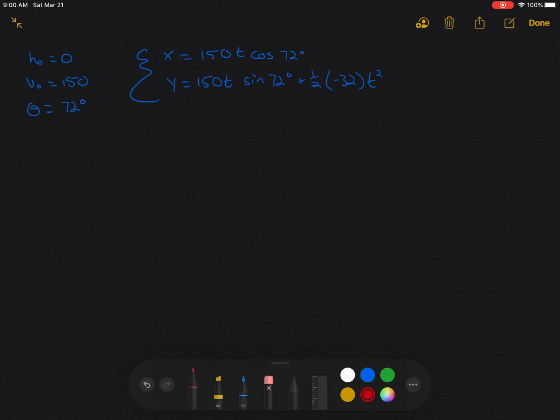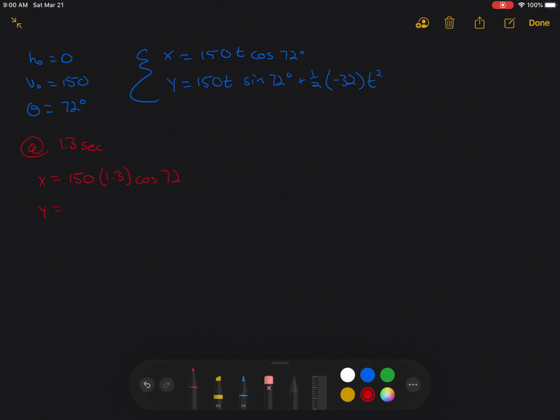All we have to do now is say at 1.3 seconds, we have x equals 150 times 1.3 seconds times cosine 72.